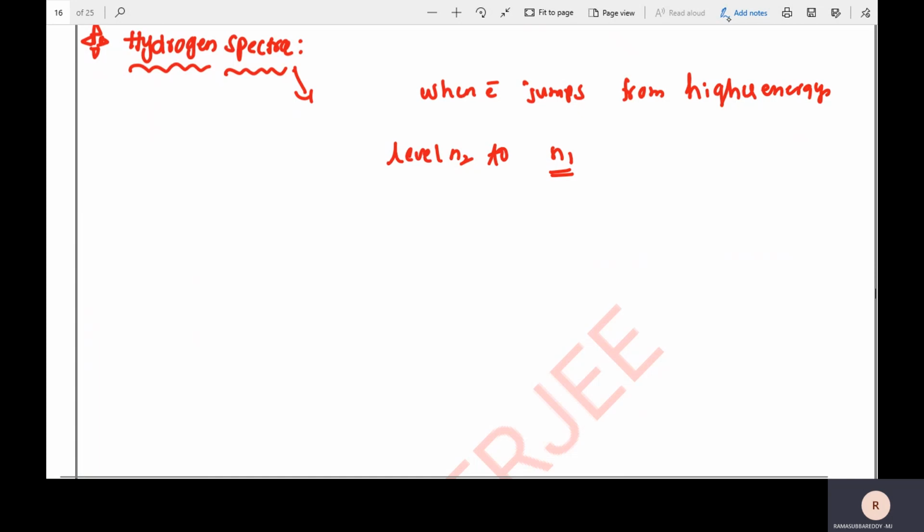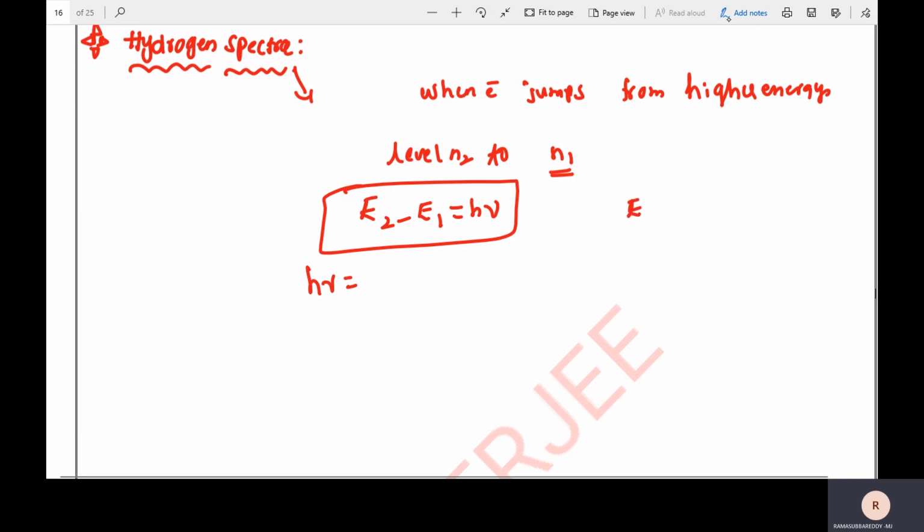The difference in energy, E2 minus E1 is equal to h nu, is emitted as some spectrum. Generally E is equal to minus 13.6 Z square by n square in electron volts. So we can write 13.6 Z square times 1 by n1 square minus 1 by n2 square.